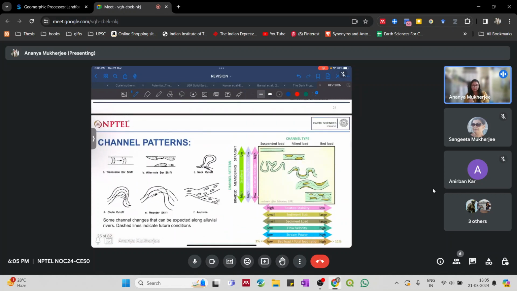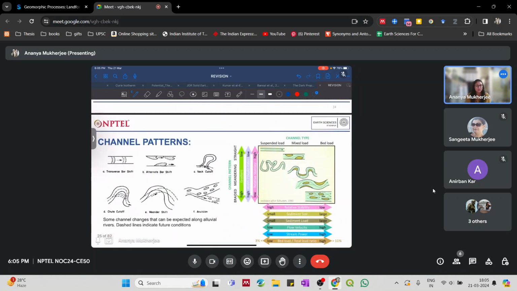Then there are again channel types we have. So this is 1, this is 2, this is 3A, this is 3B, and this is 4. So over here you see that in 1 you have straight, where mostly you have suspended load, you don't have a lot of large rock fragments or sediments which cannot be carried by the water in suspension mode.